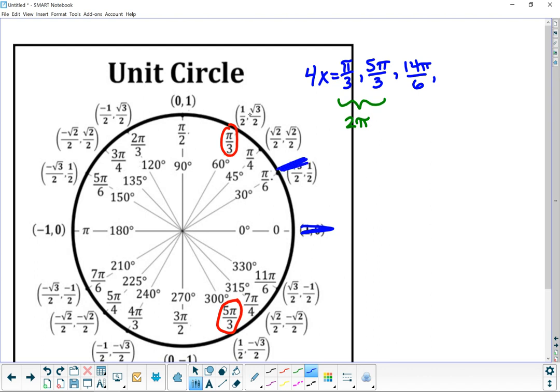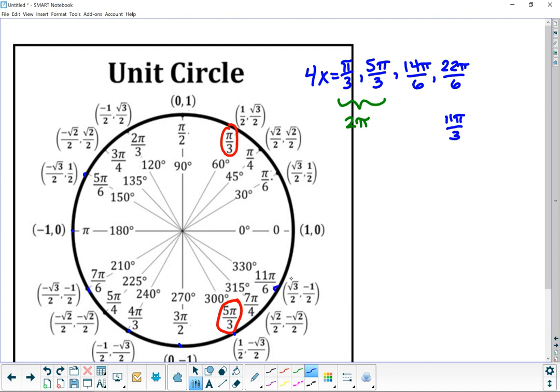I'll have to reduce it in a bit. So 14, 15, 16, 17, 18, 19, 20, 21, 22. We had that earlier: 22 pi over 6, and remember, that came out to be 11 pi over 3.